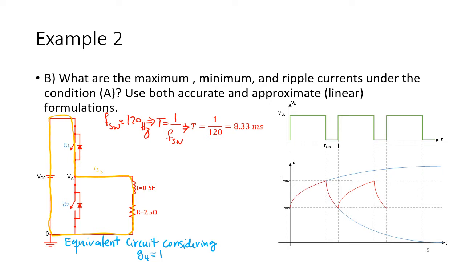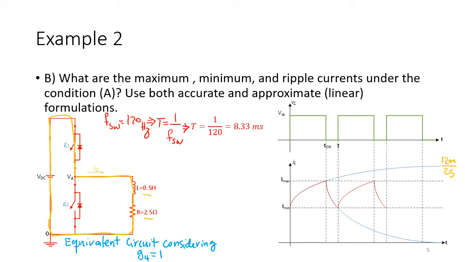If we never turn off G1 again, this is a simple DC circuit, and the inductance at the very end works like a short circuit. So the current goes to the value of 1200 volts over R, 2.5. And because it's an RL circuit, we have both inductance and resistance.